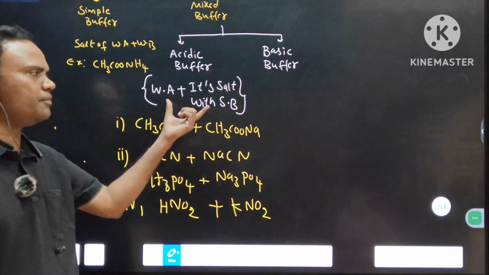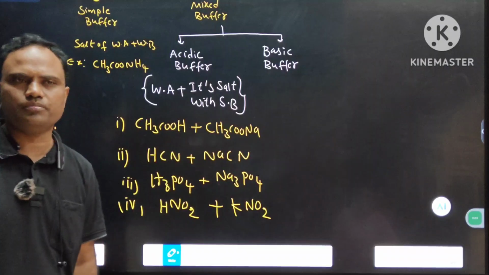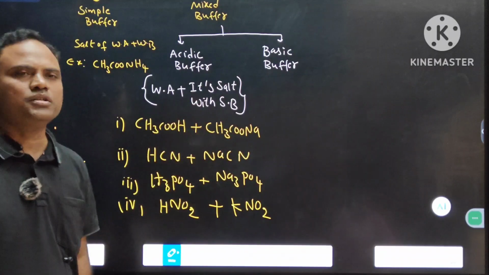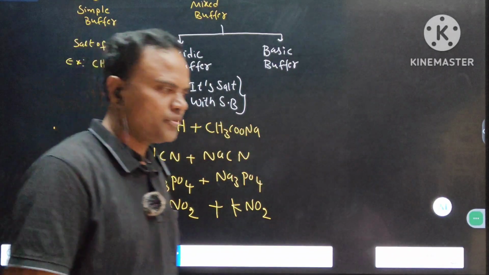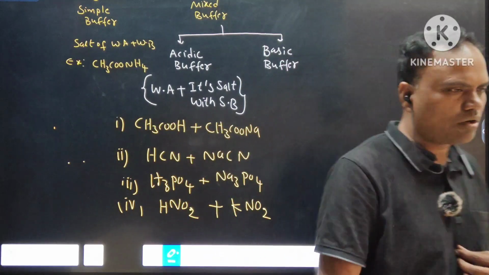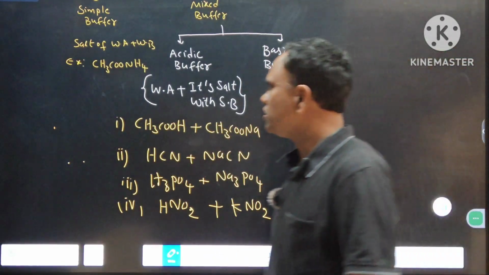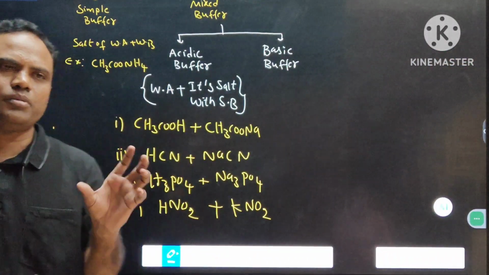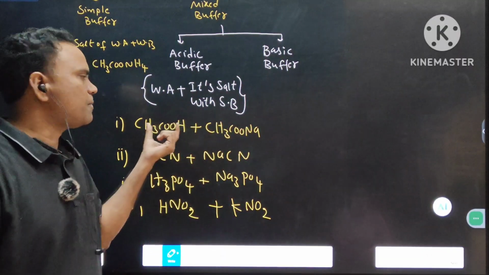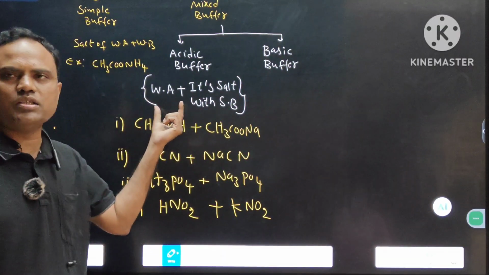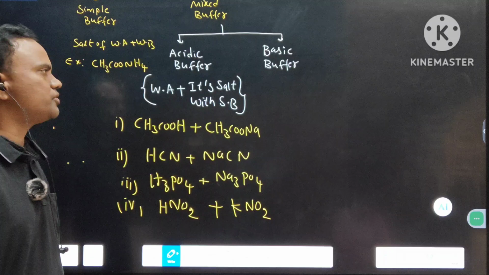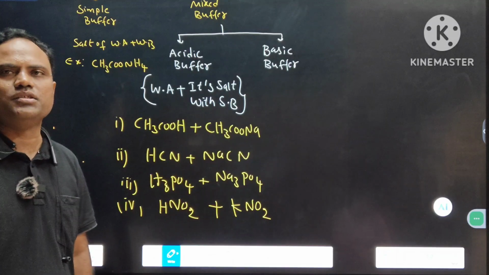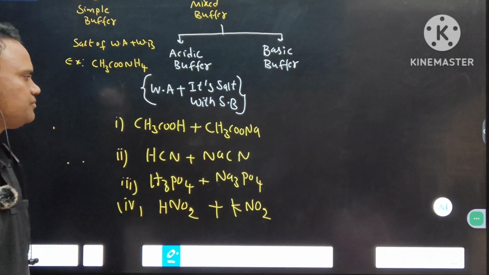If you remember the format, then you can frame any number of examples. Weak acid plus its salt of strong base. So in an acidic buffer, what are the components? When we call a particular mixture an acidic buffer, if that mixture contains a weak acid and its salt of strong base, then only can we call it an acidic buffer.